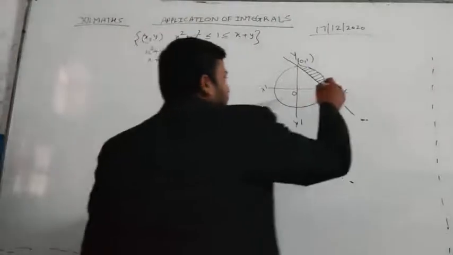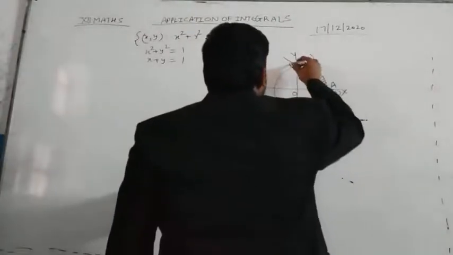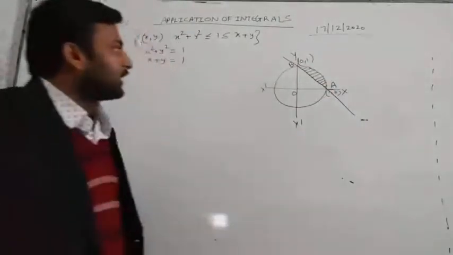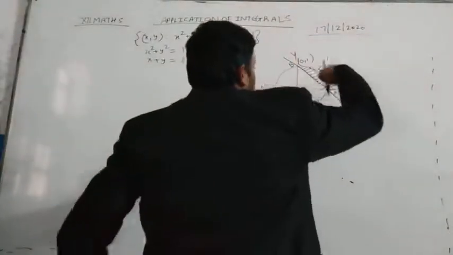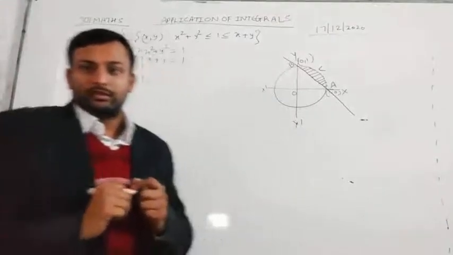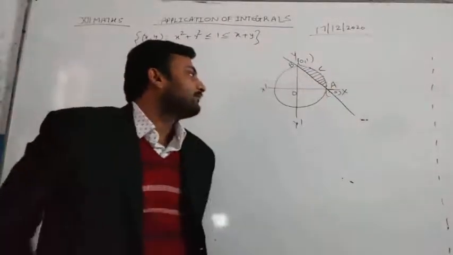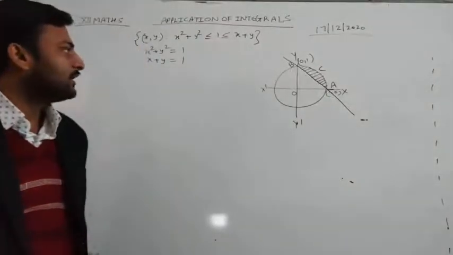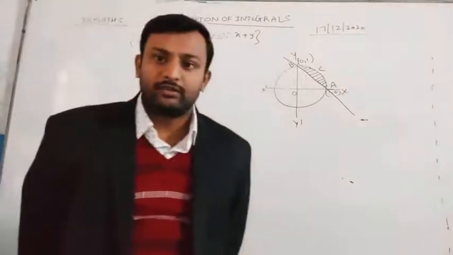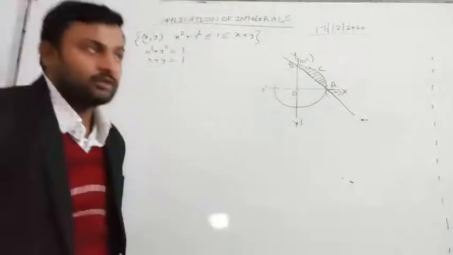It will be A, B. So we have to find the area of the region A, C, B, A. This is our target, to find the area of the region A, C, B, A by using the integration method.